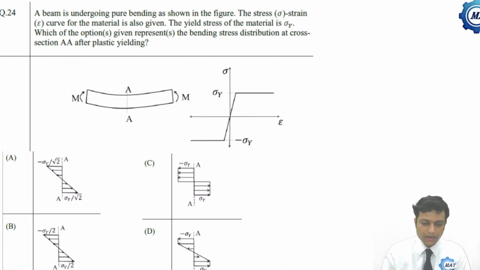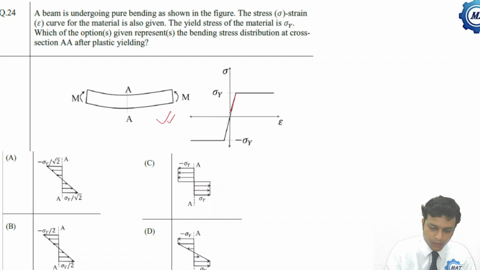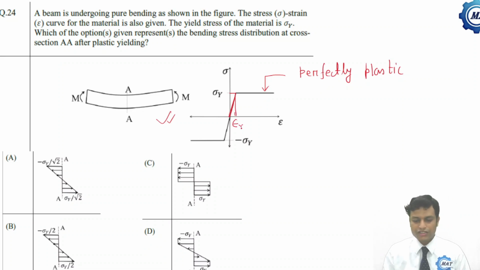Now let us move to the next problem. A beam is undergoing pure bending. So this is the beam which is under pure bending. The stress strain curve for the material is also given. That is, up to this it is elastic, after that perfectly plastic. If this is the yield limit, this is the corresponding yield strain.